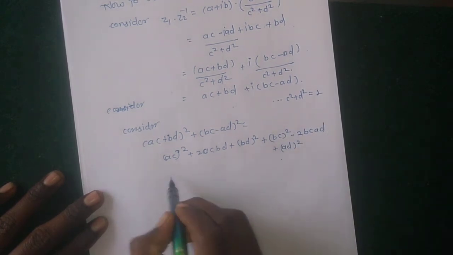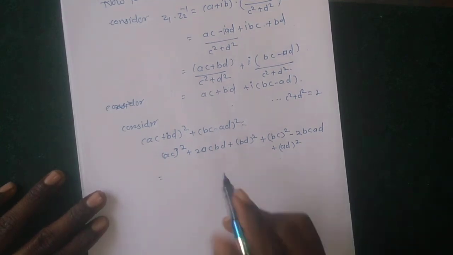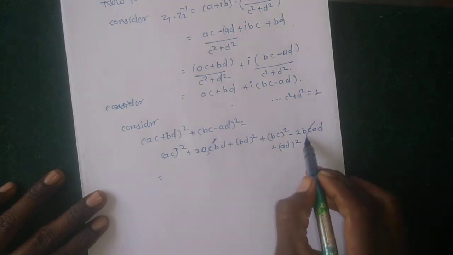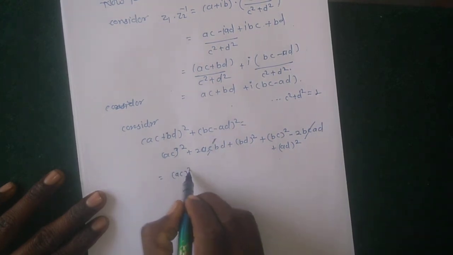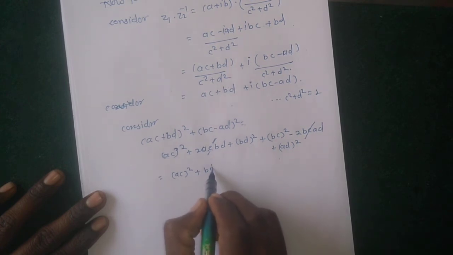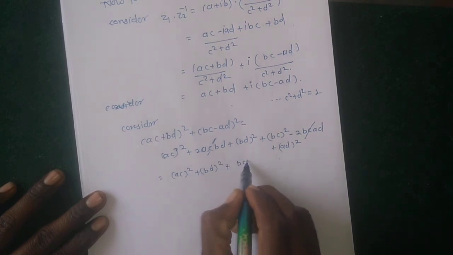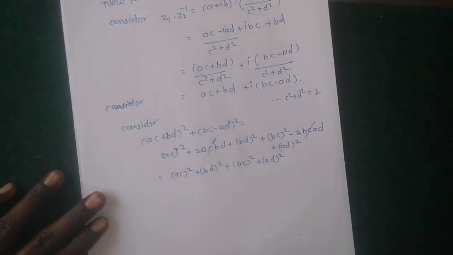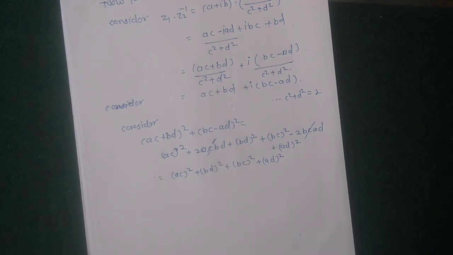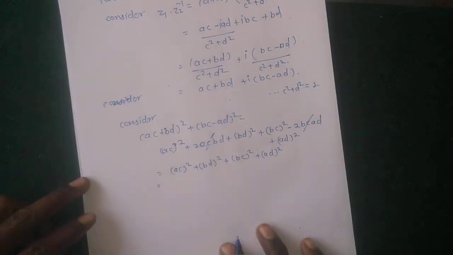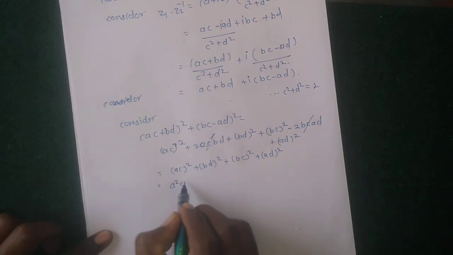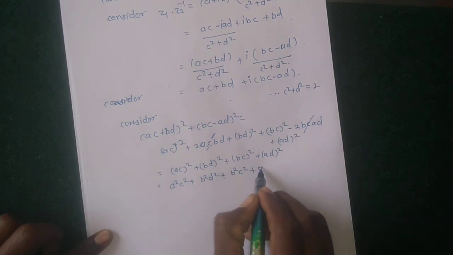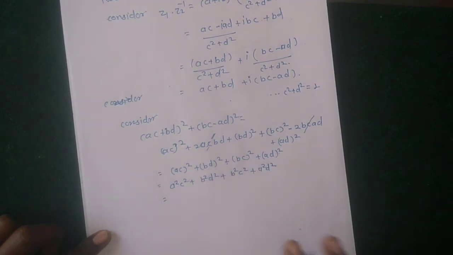Okay, solving this, the 2 ACBD cancel, and remaining only AC square plus BD square plus BC square plus AD square. Okay, this value is only remaining. Then squaring, splitting here, AC square means A square C square plus B square D square plus B square C square plus A square D square we get.